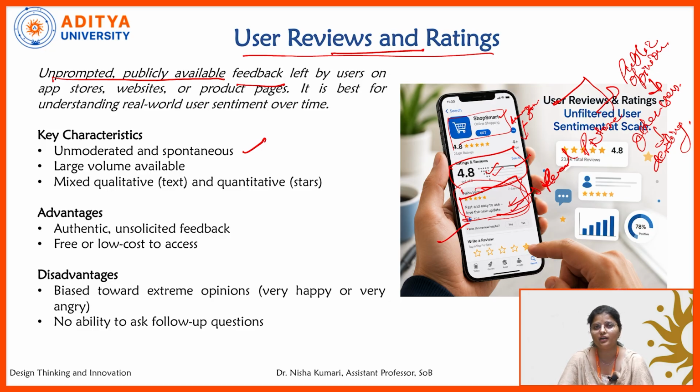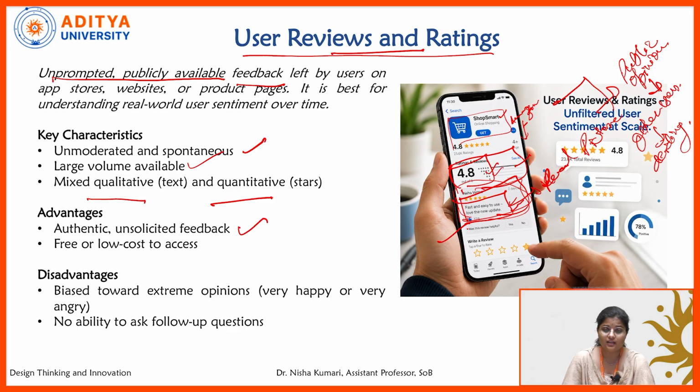It comes in large volume, as well as with qualitative plus quantitative data. The qualitative data means the feedback given by the users, and the quantitative data are these ratings, 4.8, 4.3, 4.5, regarding the impression of that particular product, or you can say the app.